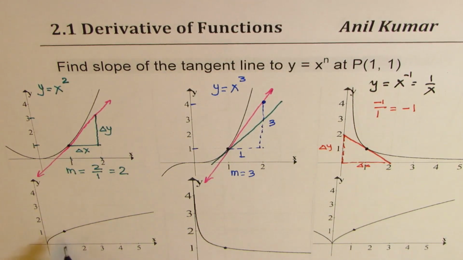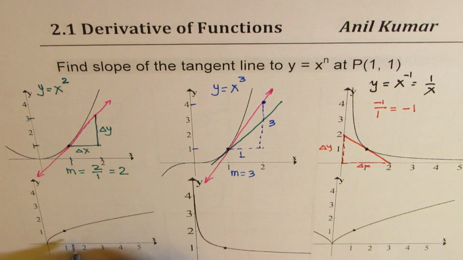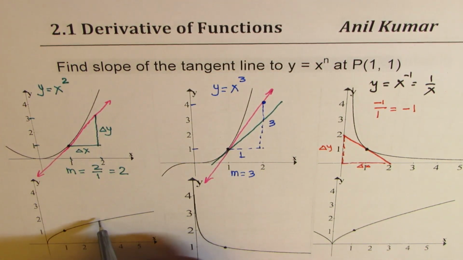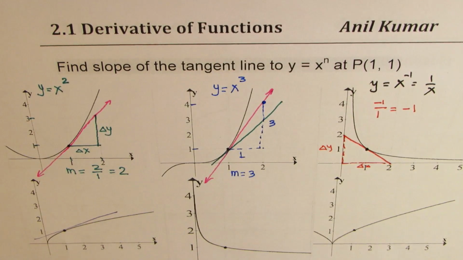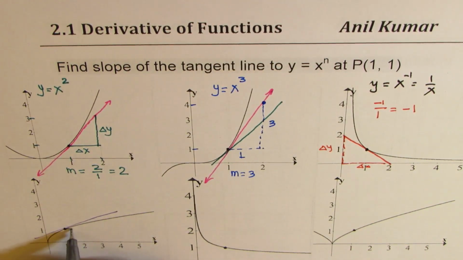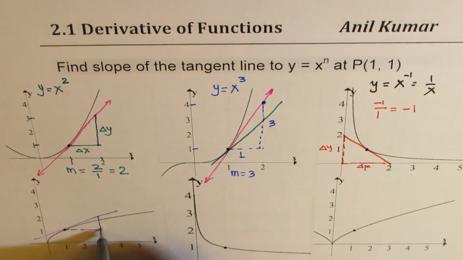Perfect. Now here we have a graph where we'll again draw a tangent line. So if I draw a line here, it is kind of going like this. Let me just draw. Okay, so that's the tangent line, correct? Now if I make a triangle, I get this, right?